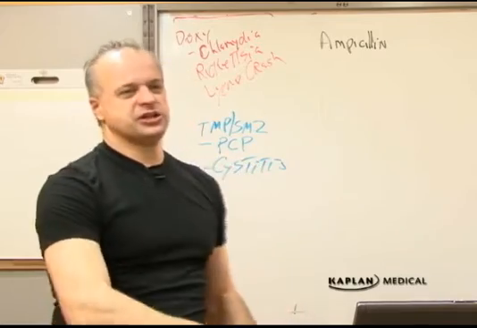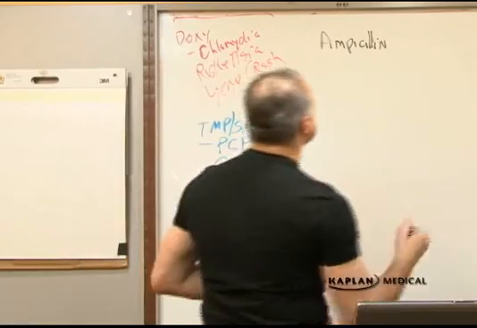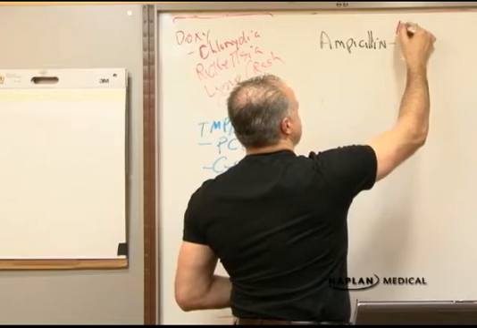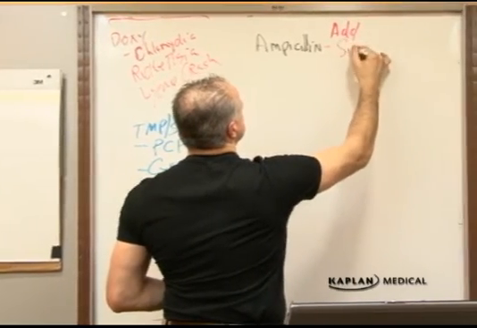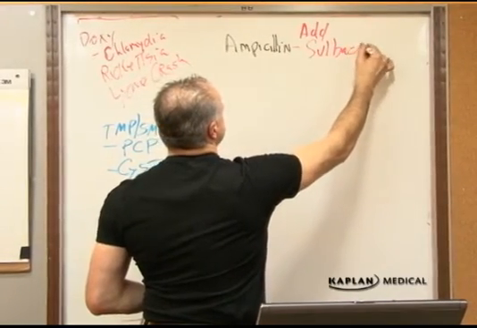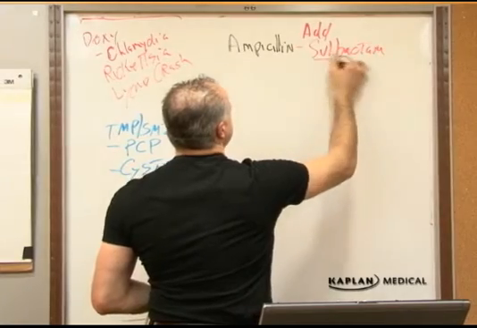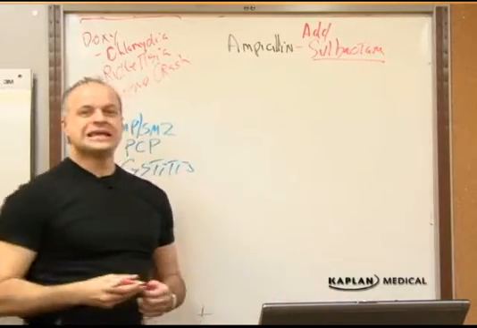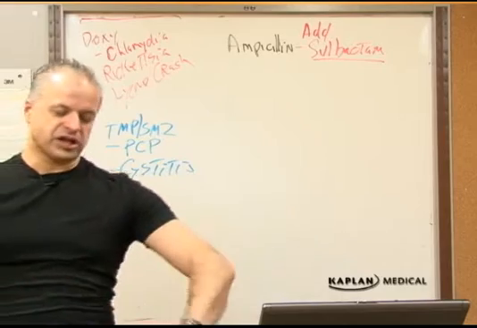So what we do to ampicillin to make it cover staphylococcus is that we add sulbactam.